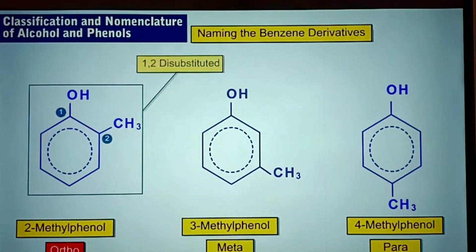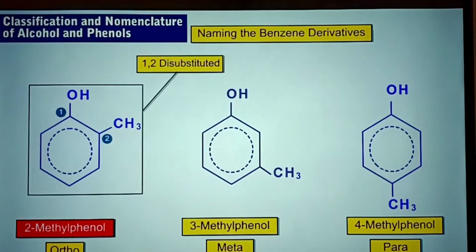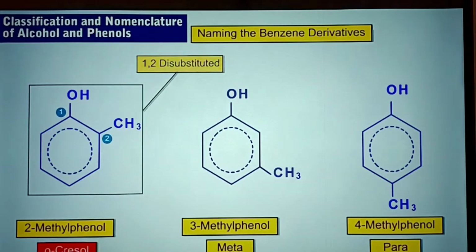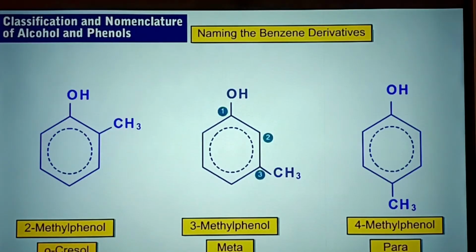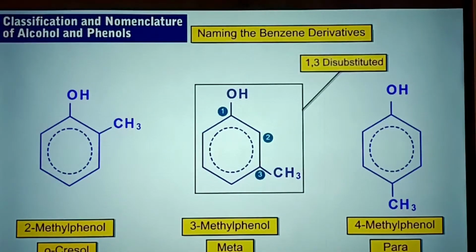Ortho refers to 1,2-disubstituted benzenes. Similarly, 2-methylphenol shown on the left can also be named as orthocresol. Meta is used to refer to 1,3-disubstituted benzenes.